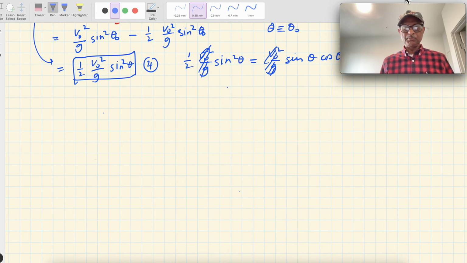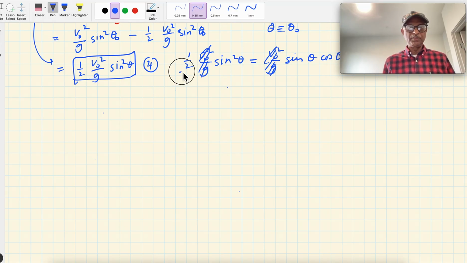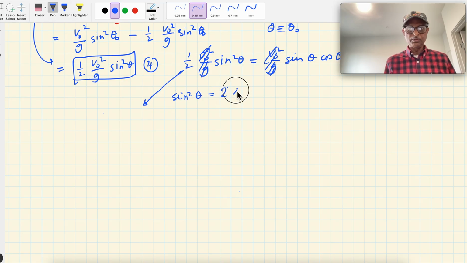So how do we solve this problem? We need to find theta first, and from there we can get v0. So we multiply both sides, you get sine squared theta equals 2 sine theta cosine theta.